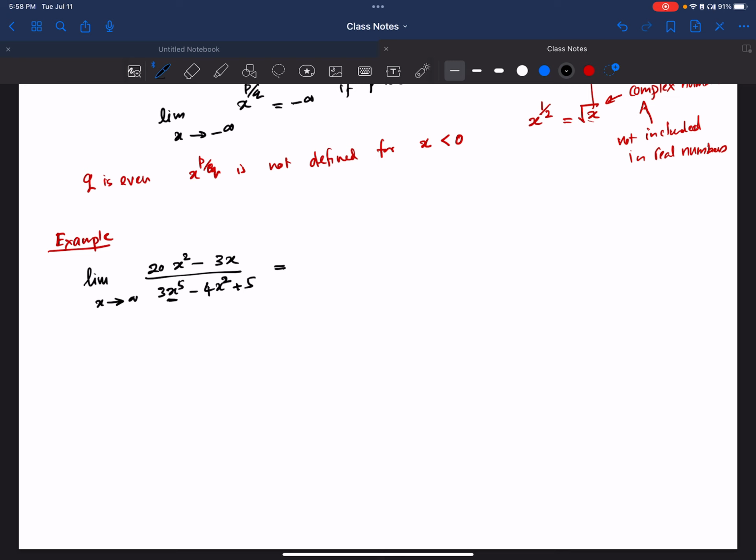So we divide both numerator and denominator by x to the power 5. So we have the limit as x goes to infinity of 20x squared divided by x to the power 5 minus 3x divided by x to the power 5, divided by 3x to the power 5 divided by x to the power 5 minus 4x squared divided by x to the power 5 plus 5 divided by x to the power 5.